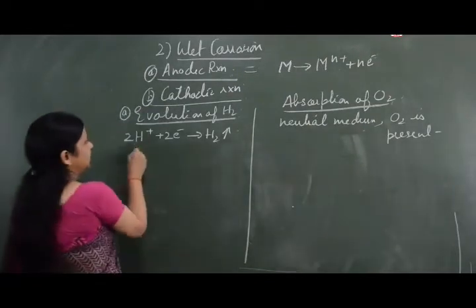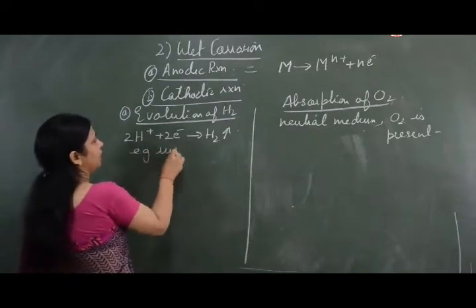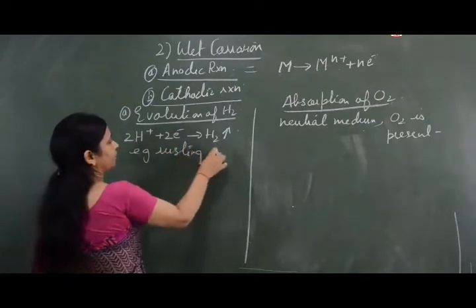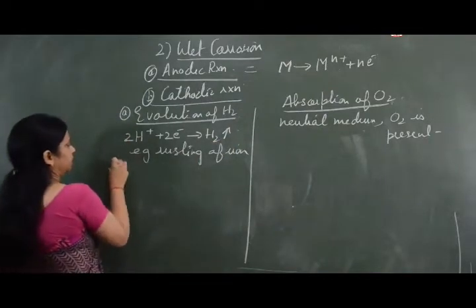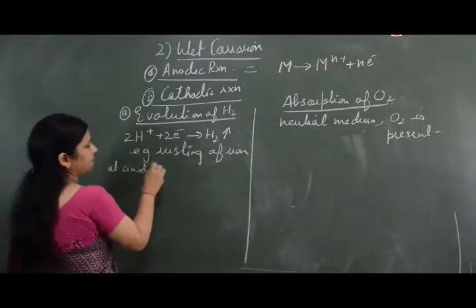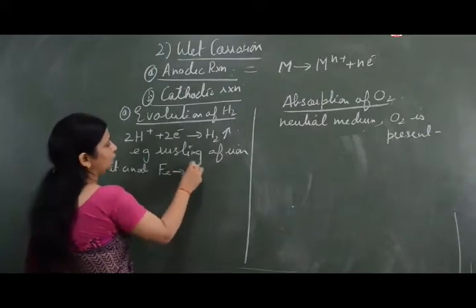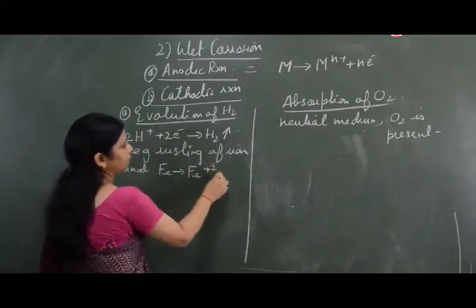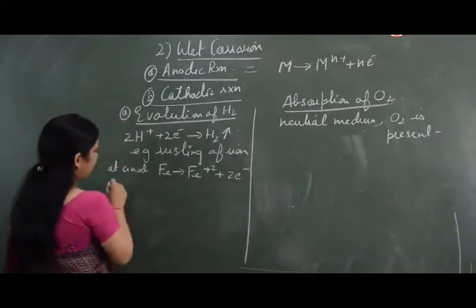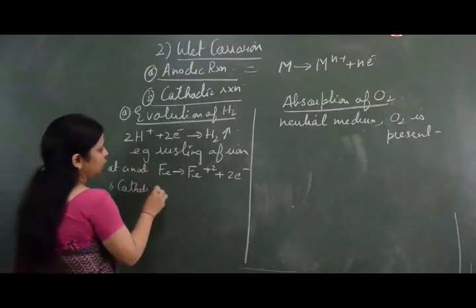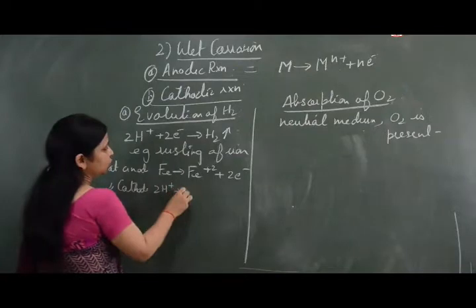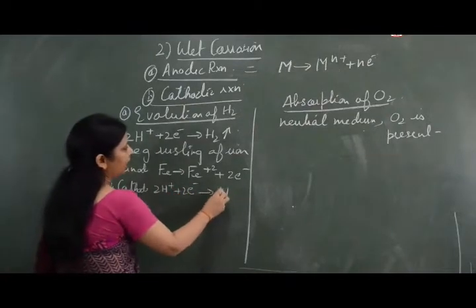If we take the example of rusting of iron, at anode iron undergoes oxidation, giving Fe2+ and 2 electrons, and at cathode 2H+ plus 2 electrons will give hydrogen gas.